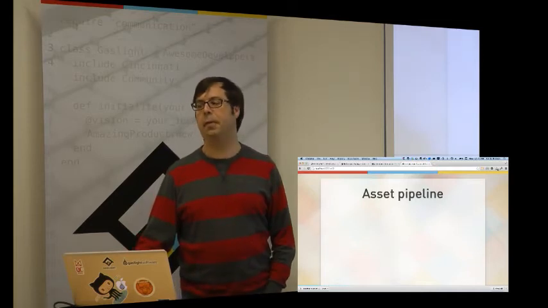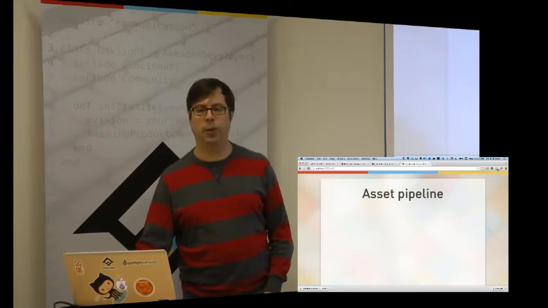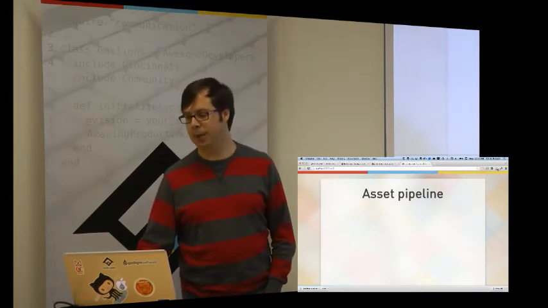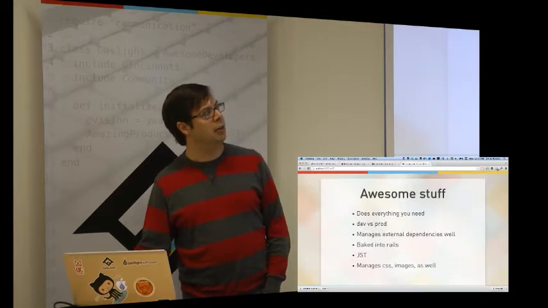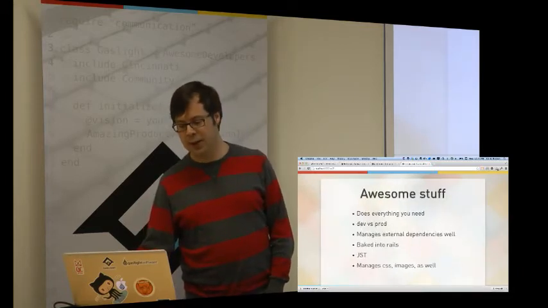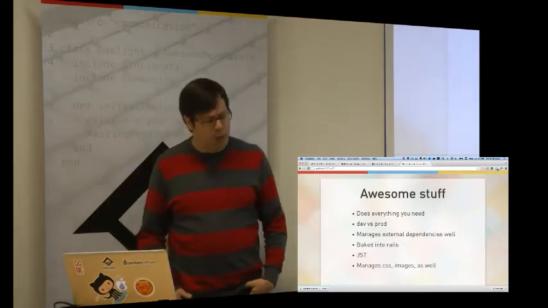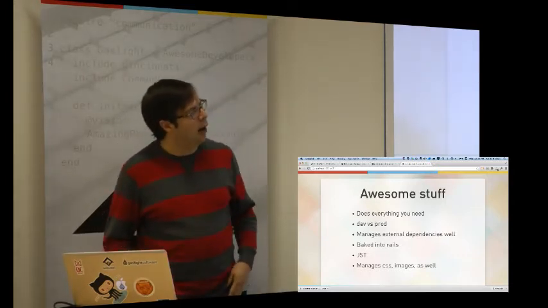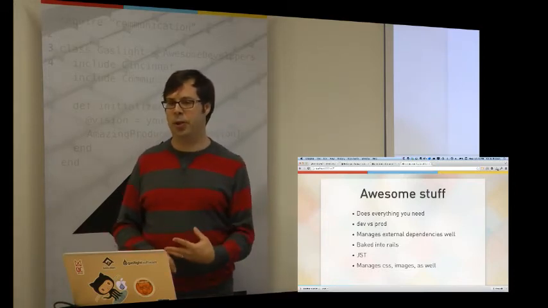The asset pipeline is a feature that's built into Rails. It's built into Rails 3.1 and later. And it manages a lot of these things that you need as you build apps like this. It is aware of the different things that you need in development versus production.